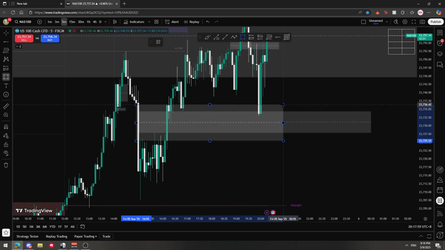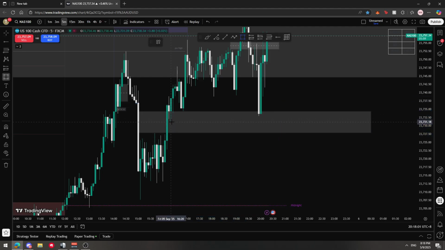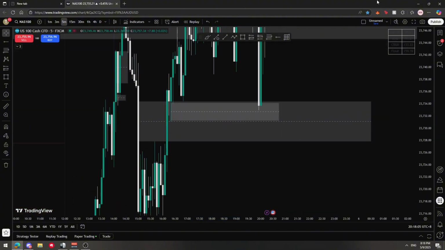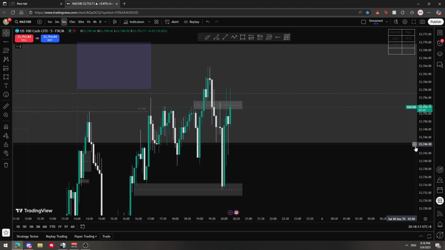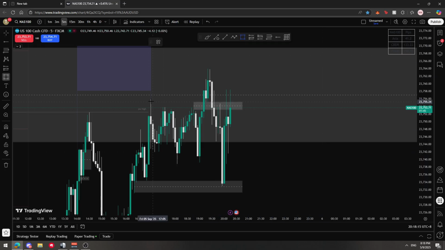First we have this 5-minute inversion fair value gap and a 5-minute rejection block that lines up with this whole 30-minute BPR.